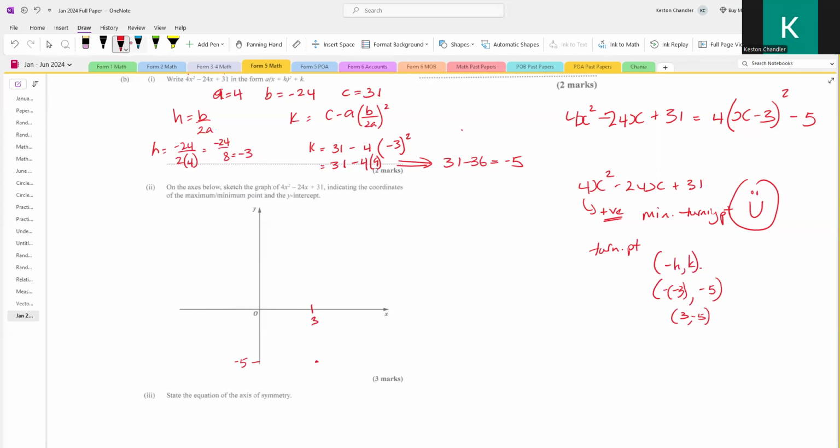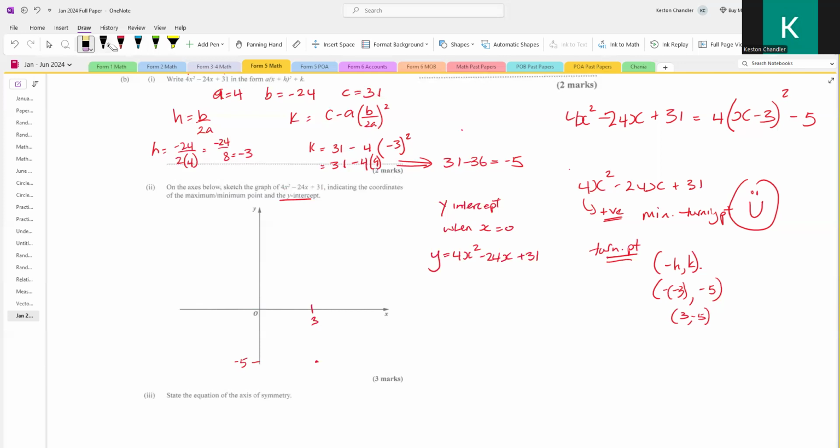Now, this is for the turning point. The next thing we need to do is the y-intercept. Y-intercept is when x is equal to 0. Now, y is equal to 4x squared minus 24x plus 31. That's a graph, right? All of these graphs and lines is always y is equal to some equation.